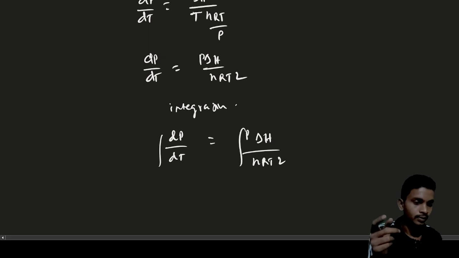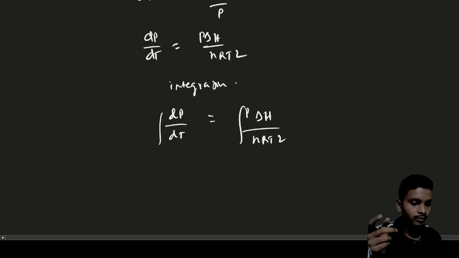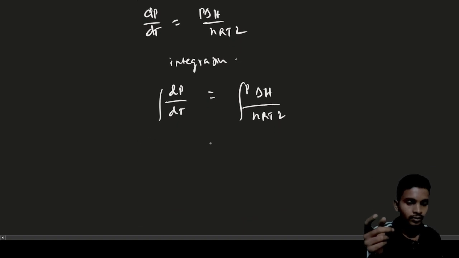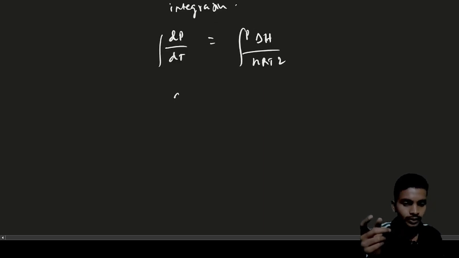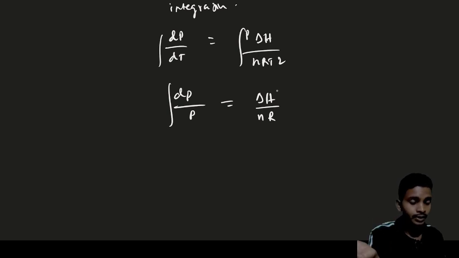Okay, so what I do, I will take P here, so dP/P I will take here and T I will take there. ΔH and n are constants, R is constant, because n is the number of moles, R is the gas constant, and ΔH is constant.